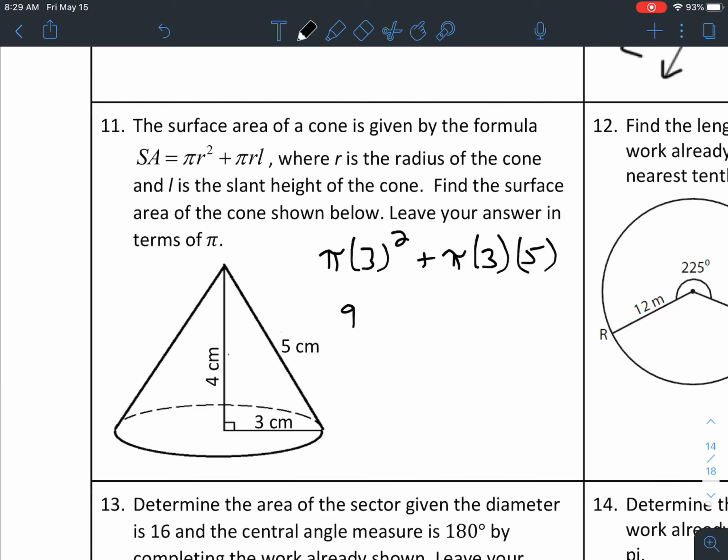So 3 times 3 gives us 9 pi, plus 3 times 5 gives us 15 pi. We add these two together, gives us 24 pi as an answer. Okay, that is it. Or I should say pi squared, because we're talking about area.